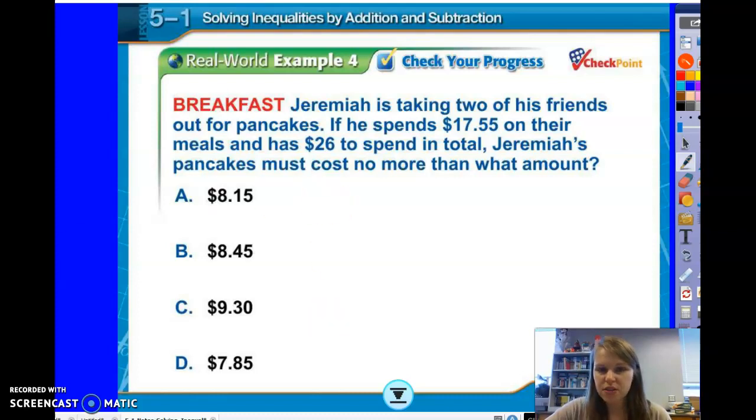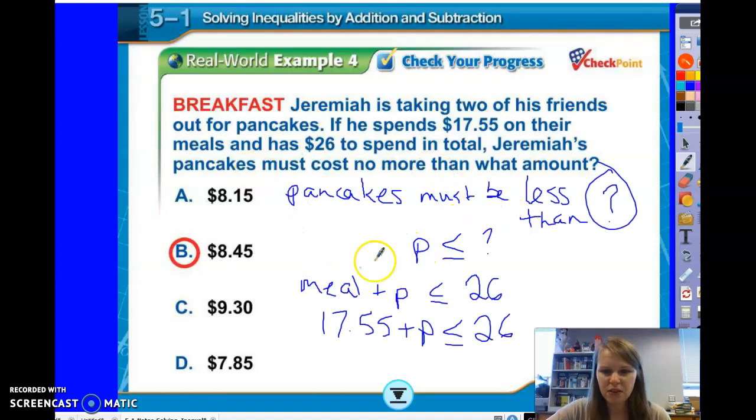So when I'm working through this one, it says Jeremiah is taking 2 of his friends out for pancakes. So if he spends this much on their meals and he has this much to spend total, how much should Jeremiah's be? So we're saying the friends plus Jeremiah should be less than or equal to 26, right? So this was me kind of thinking through everything.